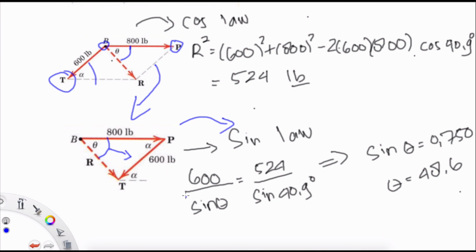So 600 divided by sin theta equals 525 divided by sin 40.9, yes, 40.9 degrees from the previous calculation. For this one, you will get sin theta as 0.75, and theta will be 48.6 degrees.